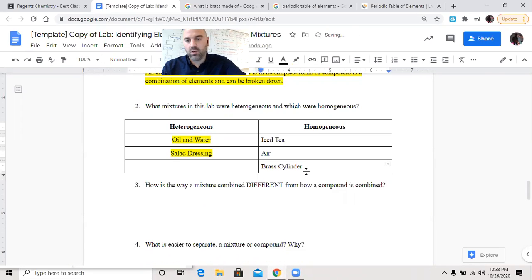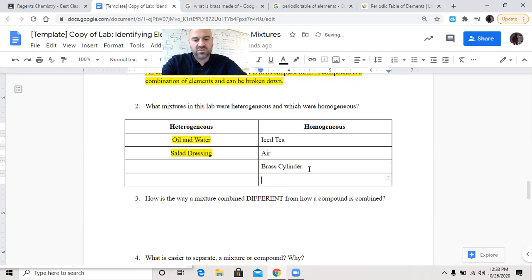To add another row, all you have to do is press tab after that. And then we're going to say lotion. Those all have the same consistency throughout. They look the same. And obviously we'll leave these ones blank over here to the left.